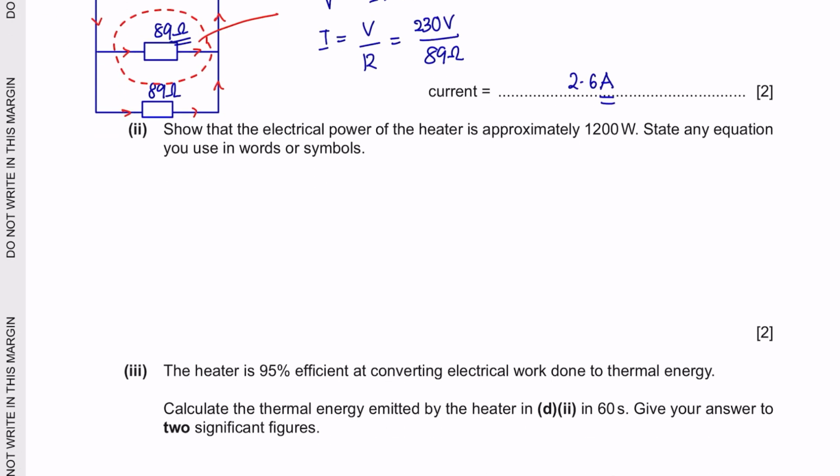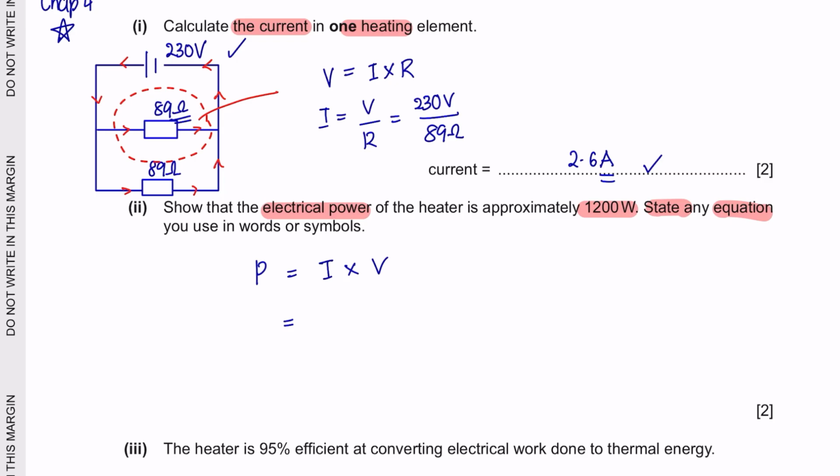Next, part 2. Show that the electrical power of the heater is approximately 1200 watts and state any equation you use in words or symbols. The equation that we are going to use here is power equals current times voltage, since we have the current and we also have the voltage provided. But pay attention here that the current will not be 2.6 amperes, because 2.6 amperes is just what passes through one heating element.